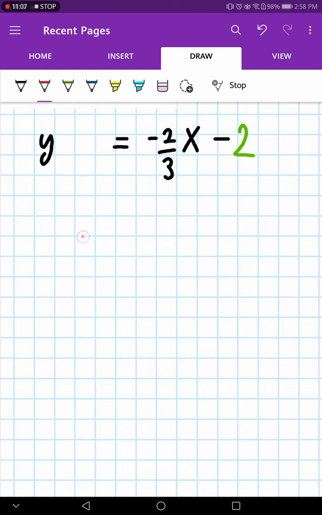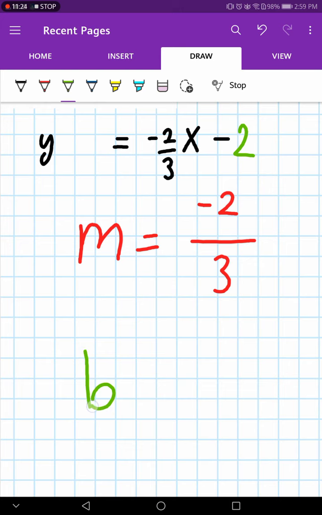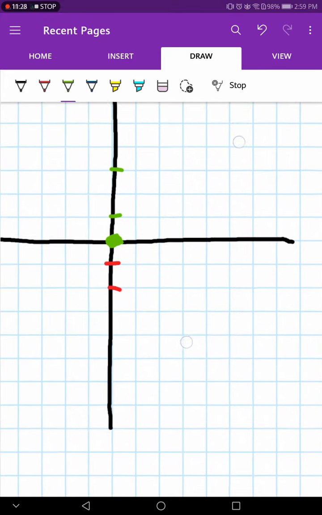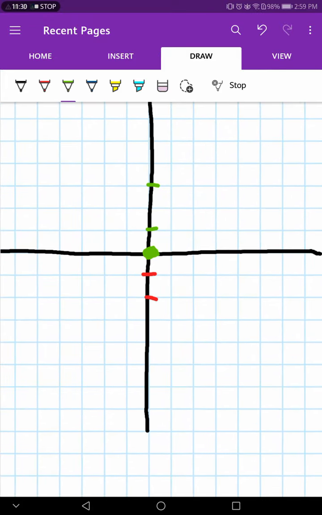What is m, Ayman? M equals negative 2 over 3. Great. That means in your head you have to move down 2 steps and to the right 3 steps. Great. And what is b? Negative 2. Okay, that means the line will hit the y-axis at negative 2.